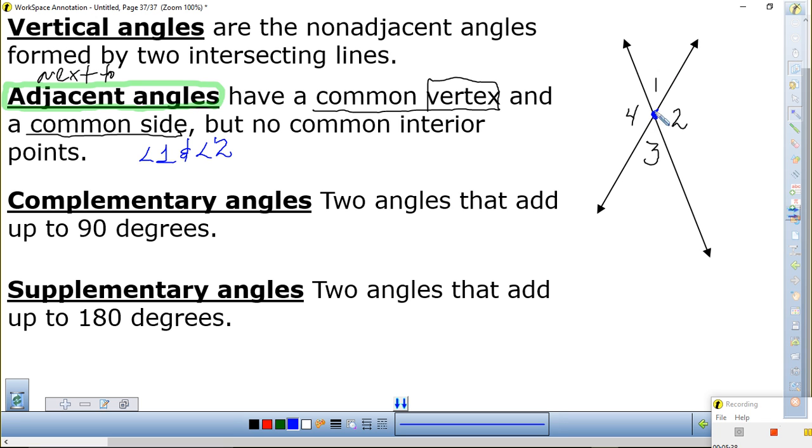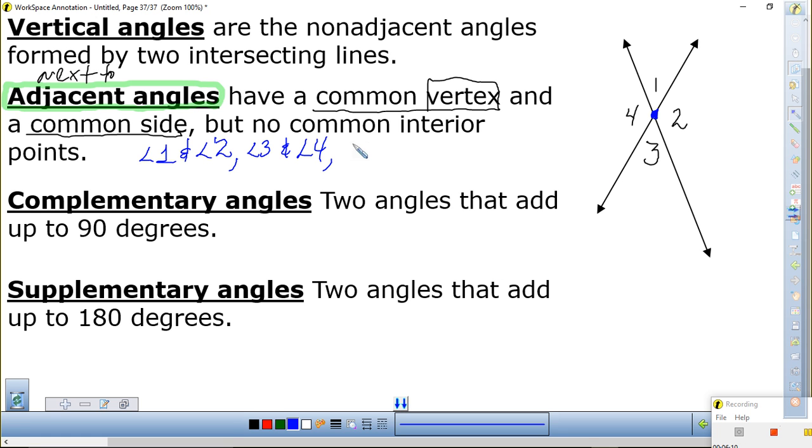Talk it over with your neighbor and let them know what's another set of adjacent angles that are found here. Lisa. What is it? Angle 3 and angle 4. Yes, they're side by side. They share the vertex and they share this side right here. Who can give me another set? Yes?